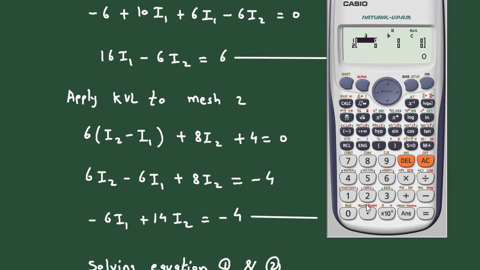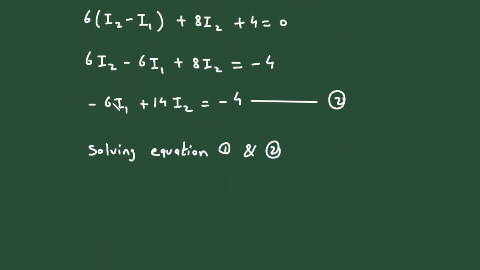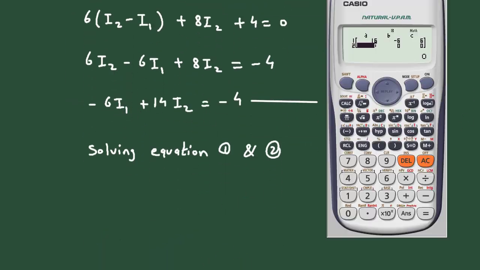So it will be 16, then minus 6, then 6, then from equation 2 it will be minus 6, then 14, then minus 4.